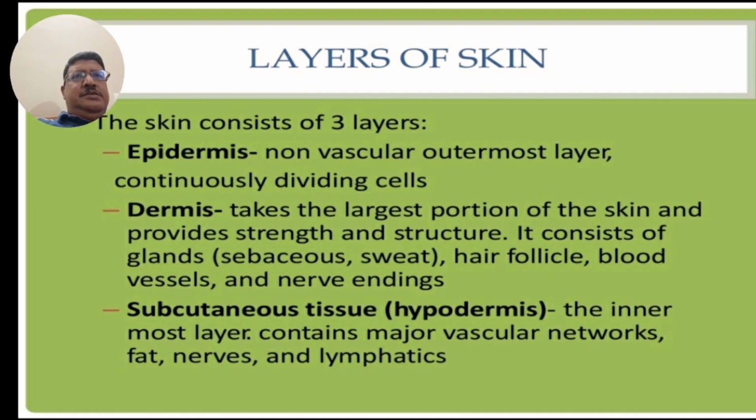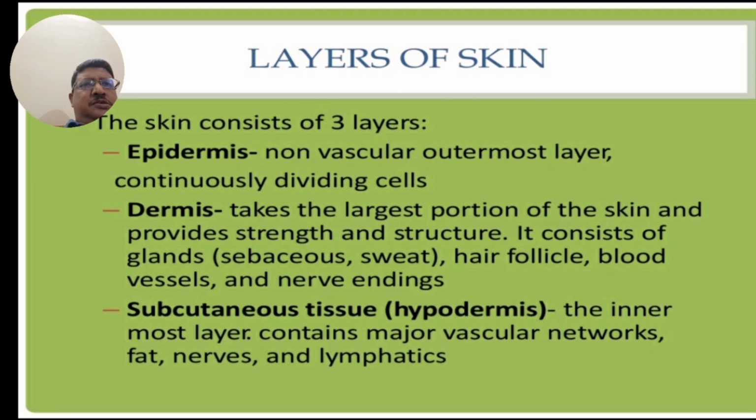Layers of the skin. The skin consists of three layers: epidermis, the non-vascular outermost layer of continuously dividing cells. Dermis takes the largest portion of skin and provides strength and structure. It consists of glands, sebaceous, sweat, hair follicles, blood vessels and nerve endings.